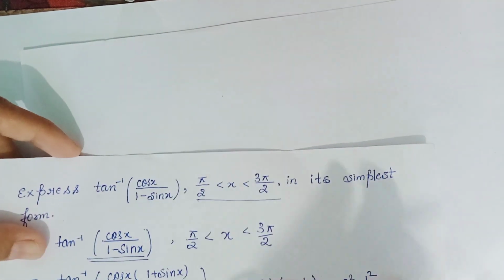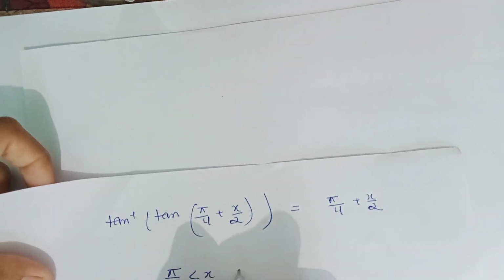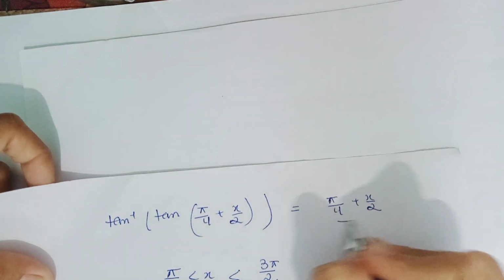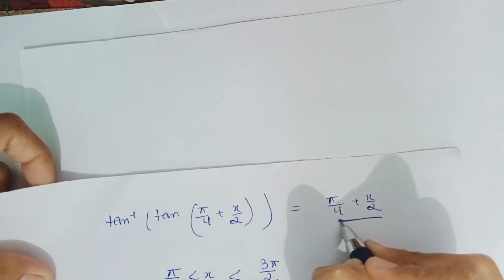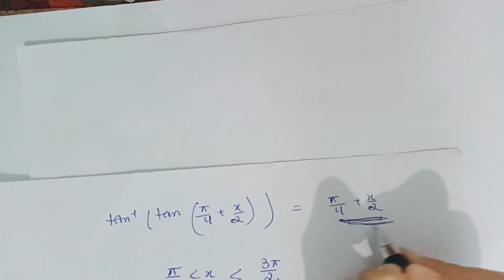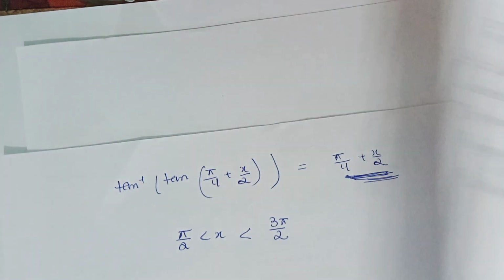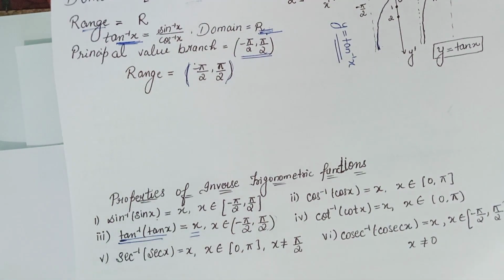And we have been given the condition that pi by 2 less than x less than 3 pi by 2. So we will check whether the input we are working on satisfies this property of inverse trigonometric functions or not.